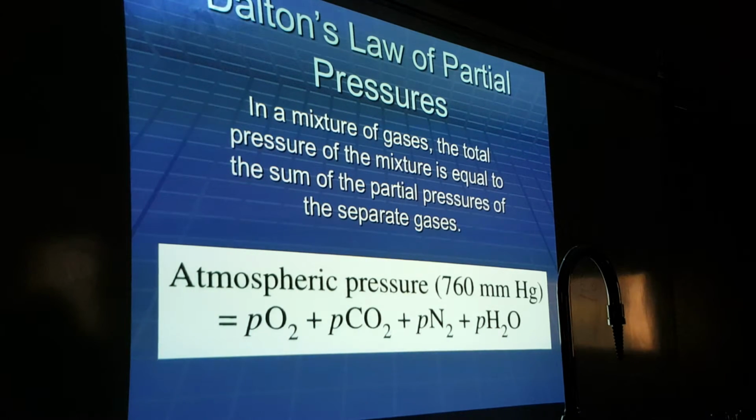Air is 21% oxygen, so if you took 21% of 760, you get 159. And most of the remainder in the atmosphere is due to nitrogen. So it's 601, I think, comes out to be, with just a trace of carbon dioxide and a trace of water. Inside our lungs, the amount of water vapor and carbon dioxide are much greater.